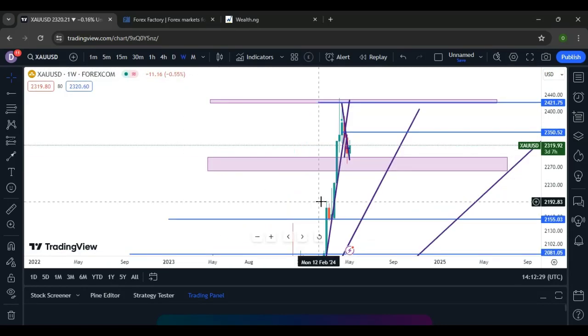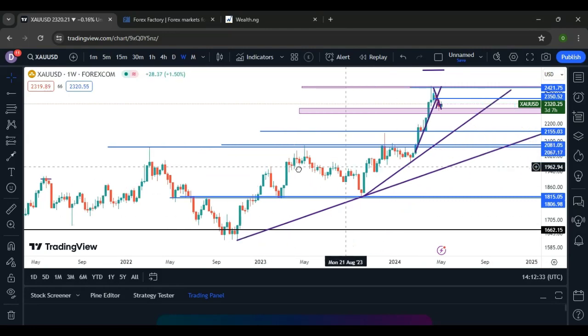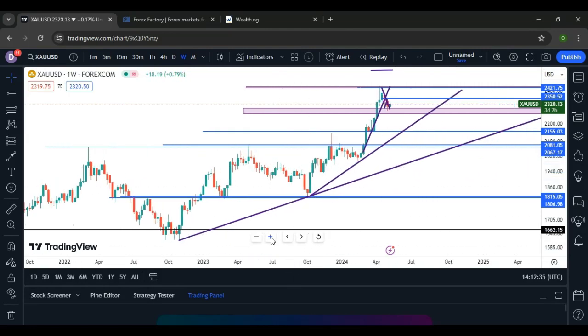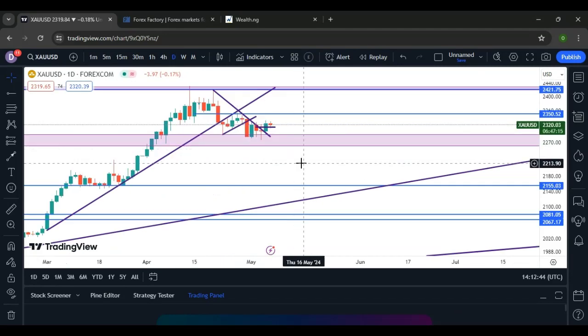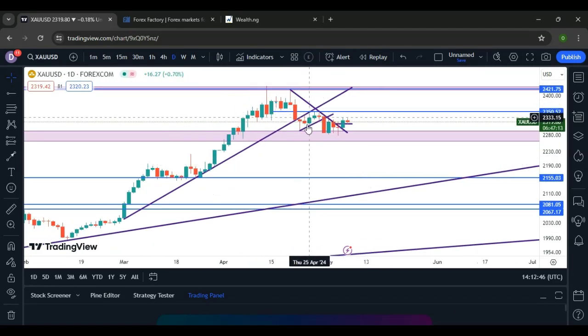Let me check the number of weeks. You see, first week, second week, third week. For a complete 3 weeks now, this area has been consolidating.